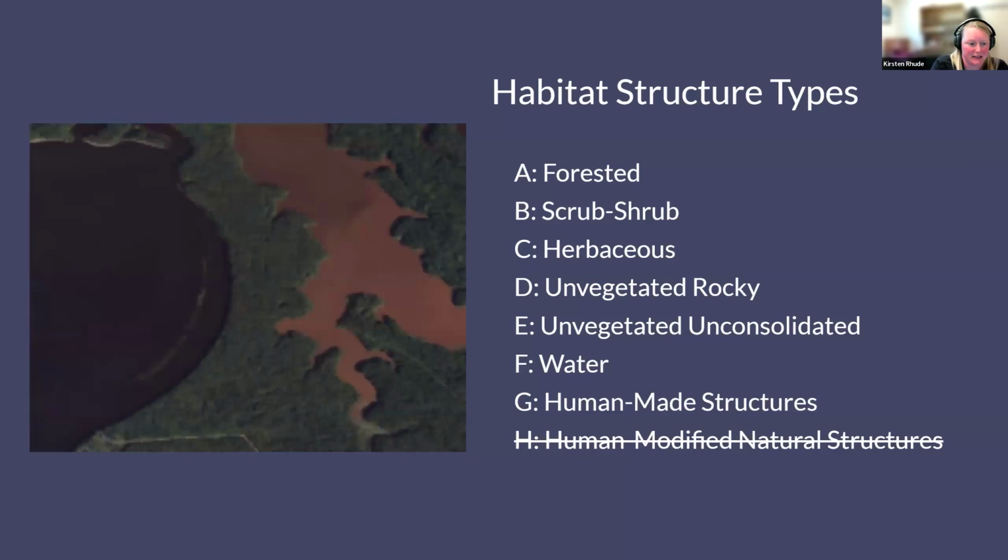It's a little easier maybe to think about which of these is forested or herbaceous and kind of grassy cover, which of these is water. And so we ended up shifting and looking at these habitat structure types when we were thinking about the remote sensing and coming up with a second phase, as Howard is going to talk about, to narrow those down more. So I'm going to pass it off to Howard.